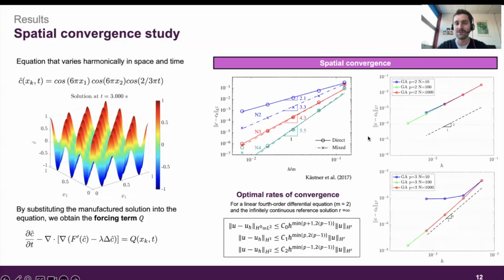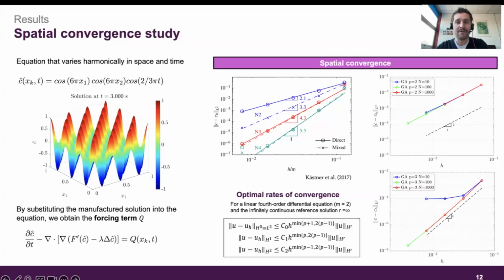We achieved, so these are the results from the literature, and we achieved the expected convergence rates. This GA stands for the generalized alpha scheme, which is the time marching scheme of our solver.